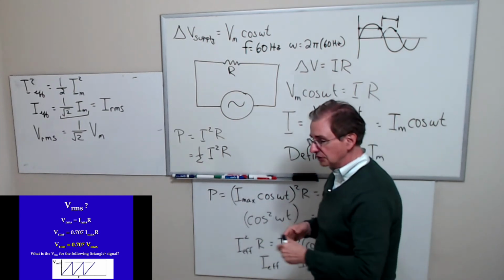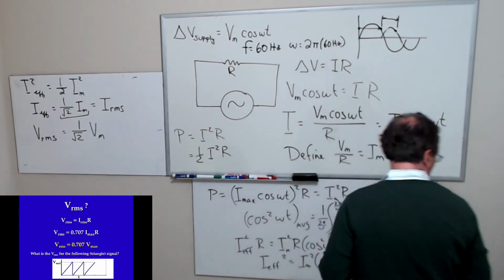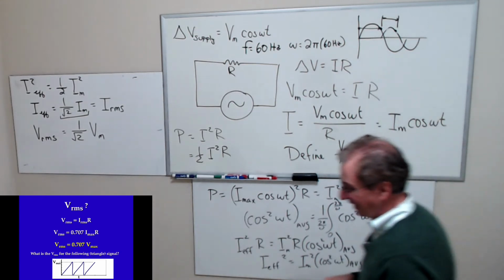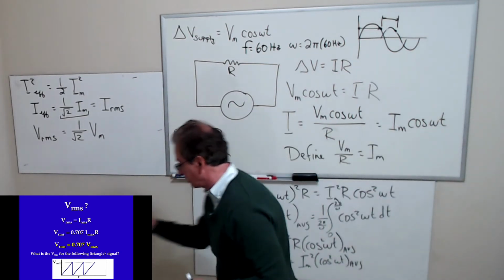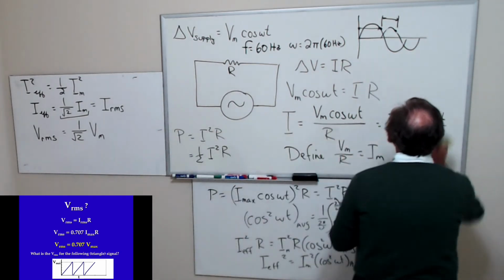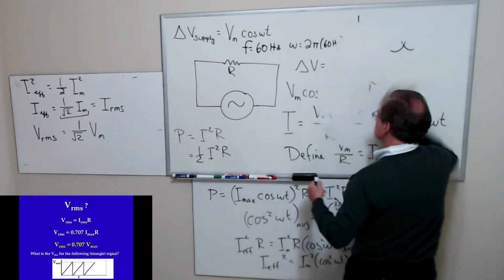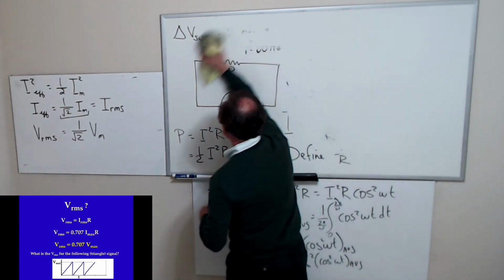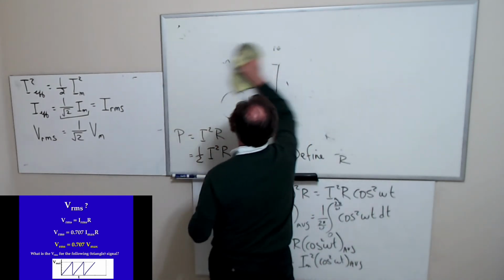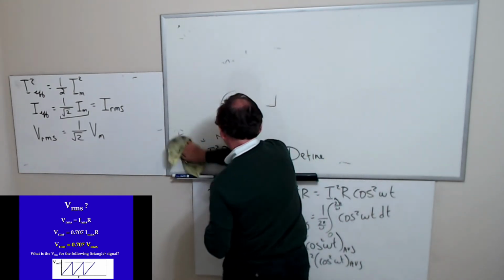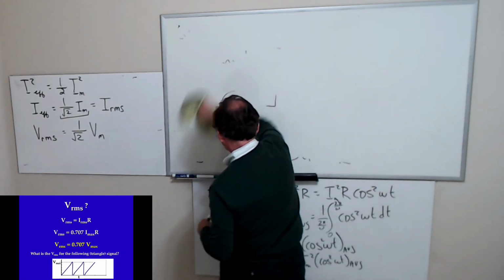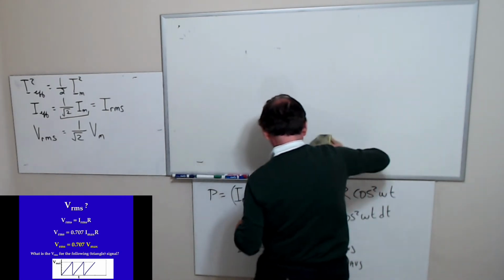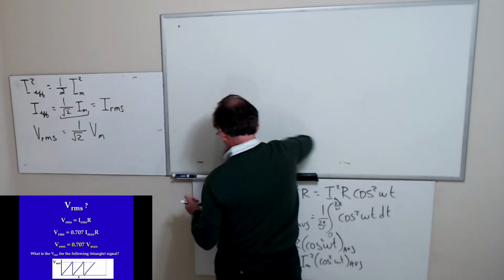So let's try to do this one with a triangle function, and let's see what results we get and compare it to AC. So here we lose half the energy, as compared to DC, I should say. Let me draw my signal.